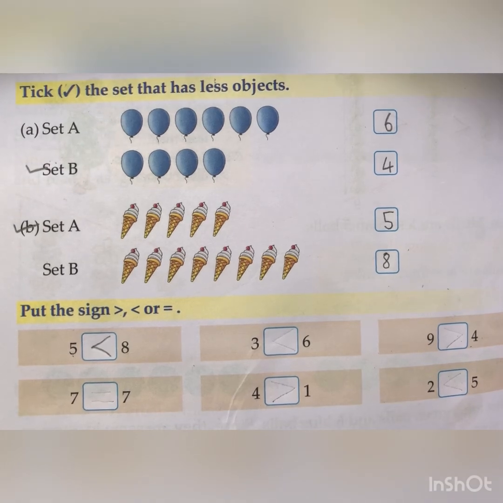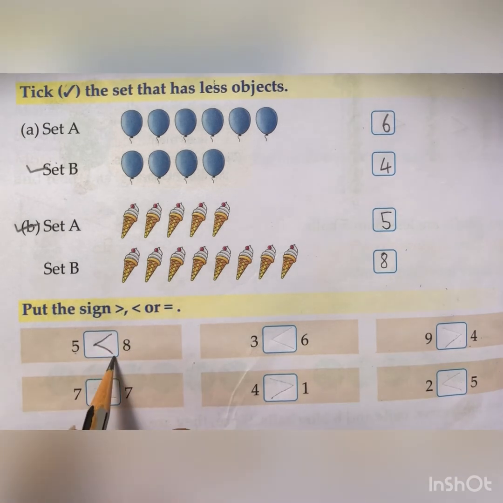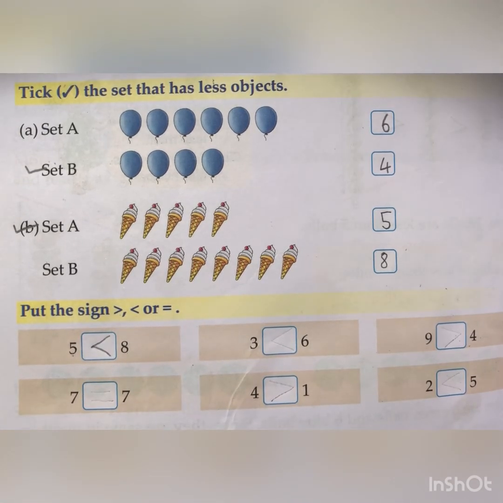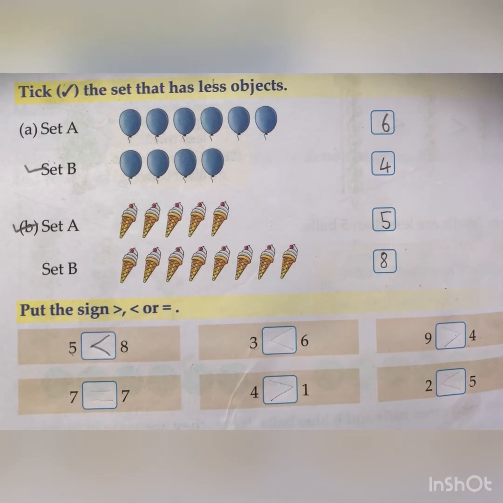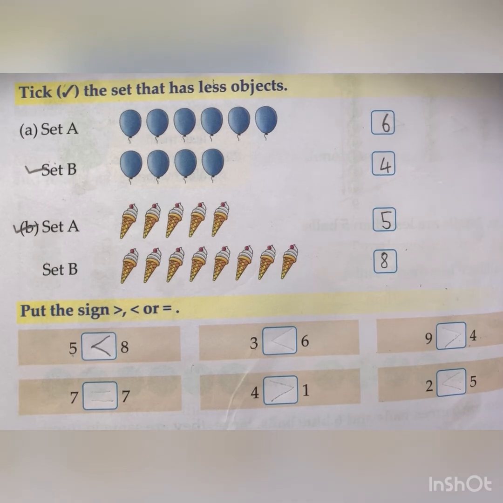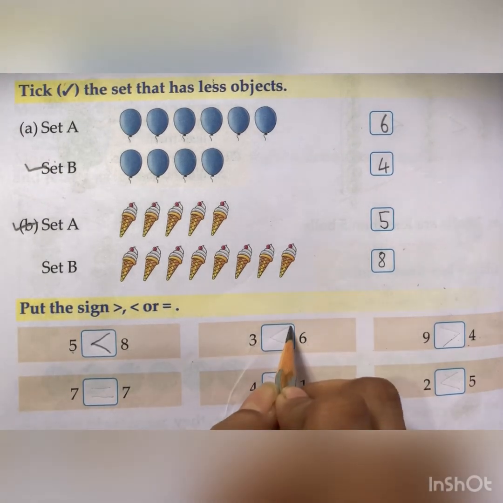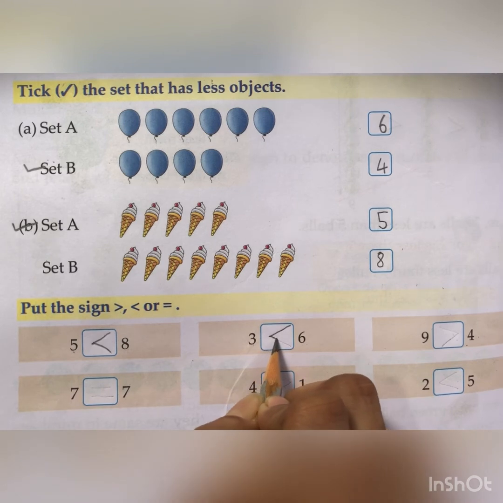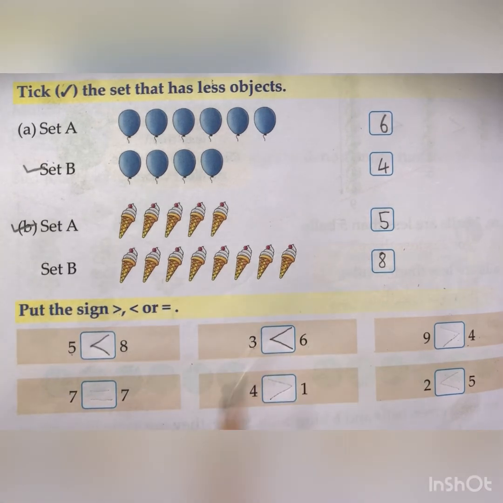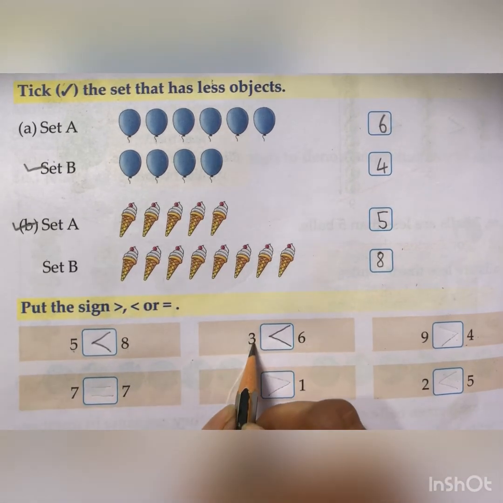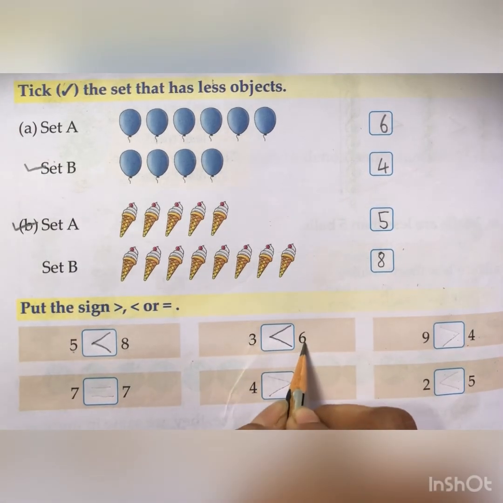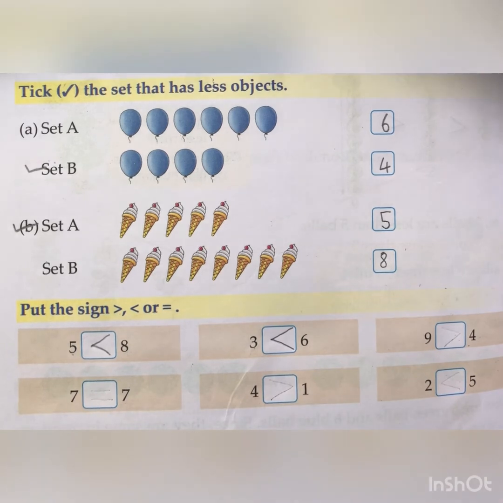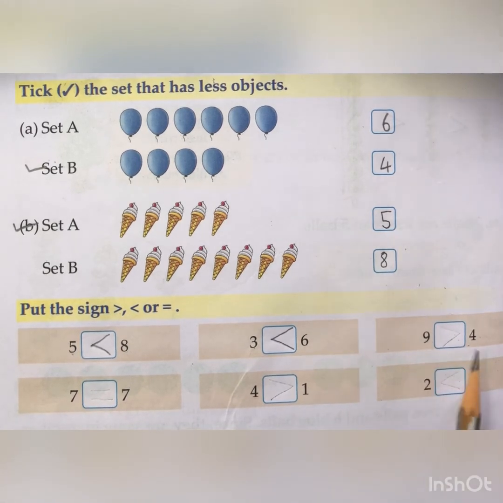So children, we will keep the mouth open on bigger number. Right? Okay. 3, 6. Which one is the bigger number, children? 6. So crocodile will eat bigger number. 6 is greater than 3, or you can say 3 is less than 6. 9, 4.